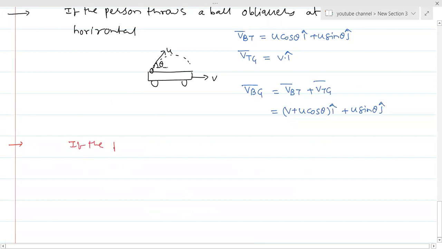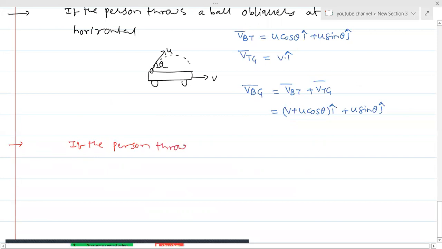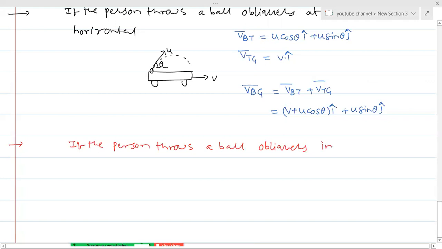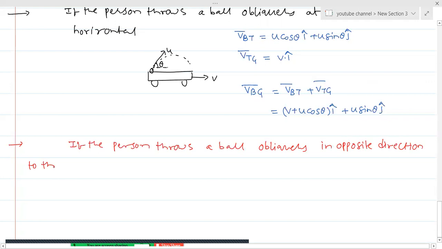And if the person throws a ball obliquely in the opposite direction to that of the trolley.